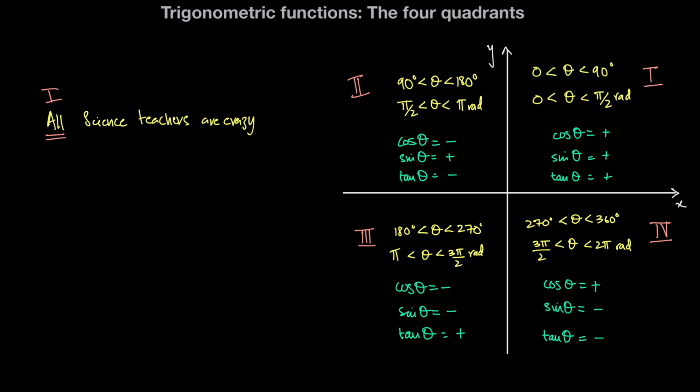In the second quadrant, only the sine function takes on a positive value. In the third quadrant, the word teachers starts with T, so only the tan function, or tan of theta, takes on a positive value. And then the word crazy starts with C, so in the fourth quadrant, only the cosine function takes on a positive value.